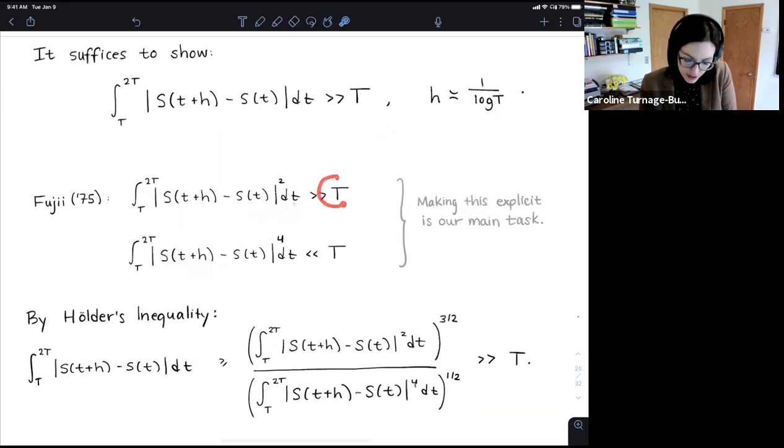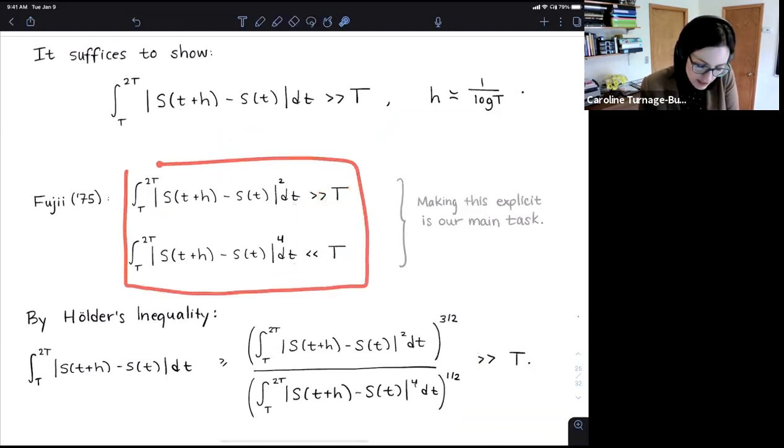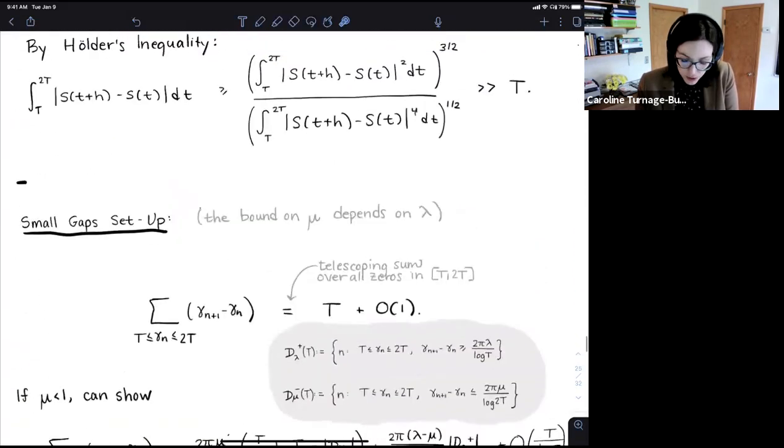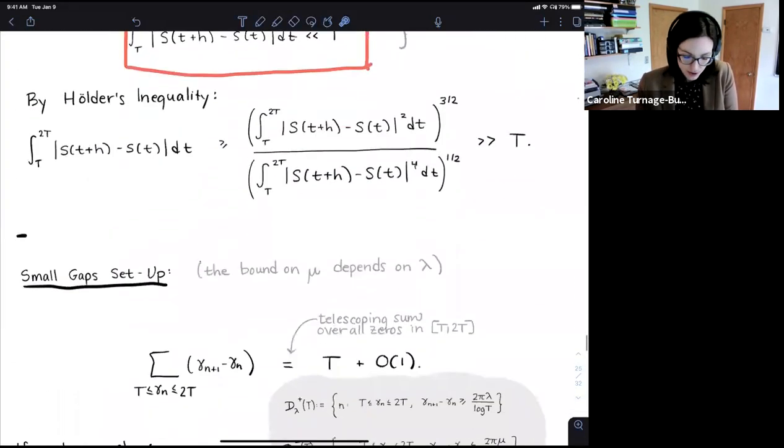If we can show that each one of these is of size t, then by Hölder's inequality, we get what we want. This is really our main task. So Fujii did this in the 70s, and our main task was making this explicit. Okay, so once you do this, you're done, you get the large gap result.